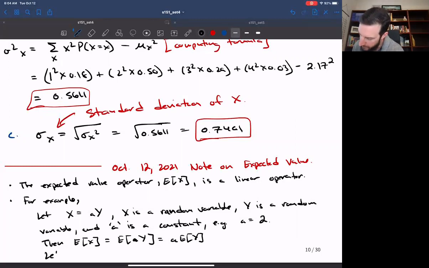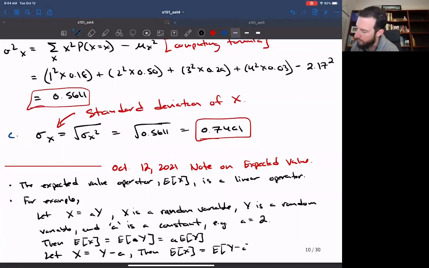Similarly, if we let X equal Y minus little a, then the expected value of X is equal to the expected value of Y minus a, which is equal to the expected value of Y minus little a.